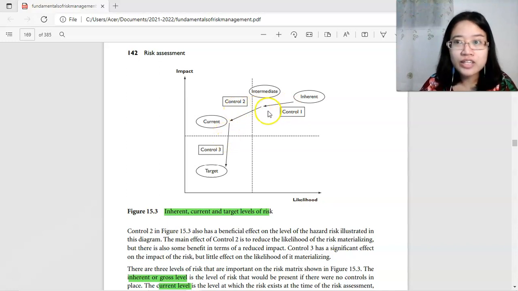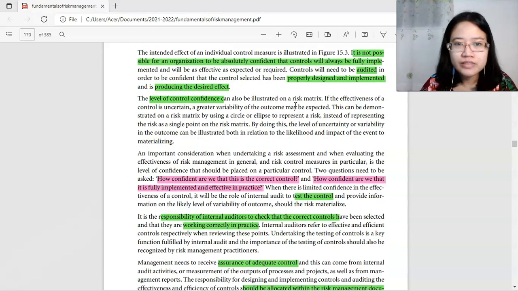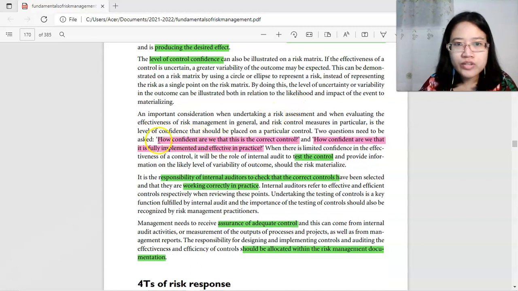Okay? Kasi kung hindi yan effective, edi parang hindi gagalaw. Andito pa rin yung level of risk impact and risk likelihood. 2 questions. How confident are we that this is the correct control? How confident are we that it is fully implemented and effective in practice? Okay. Yan naman pwedeng i-test through audit niya.